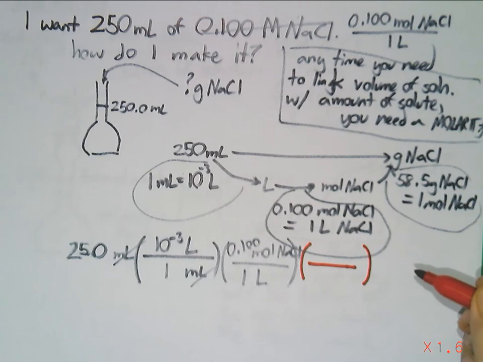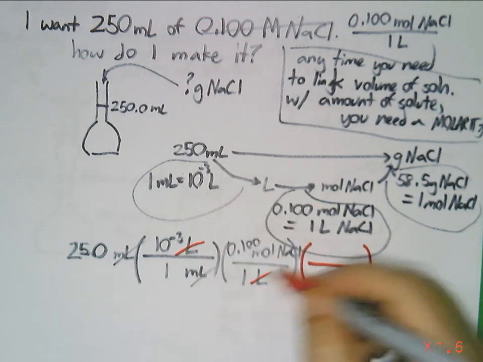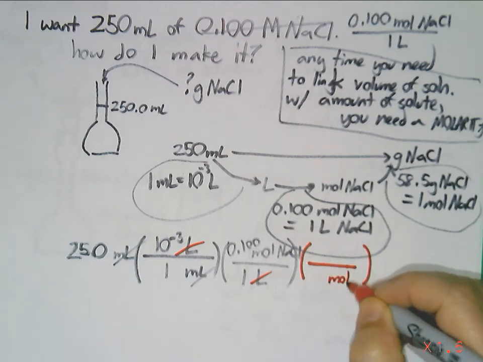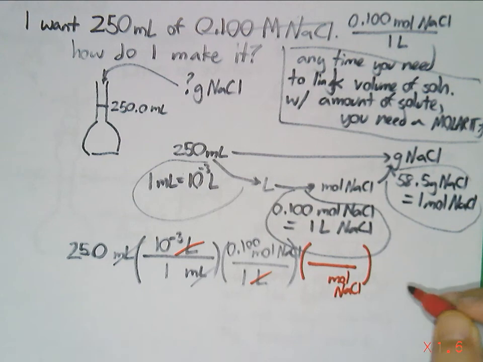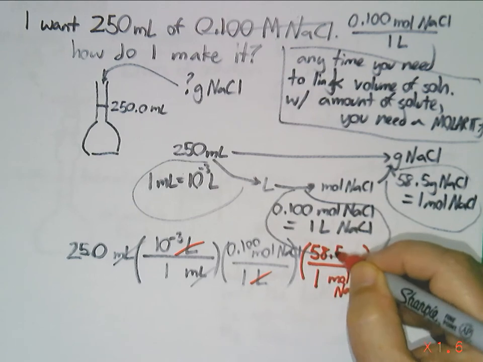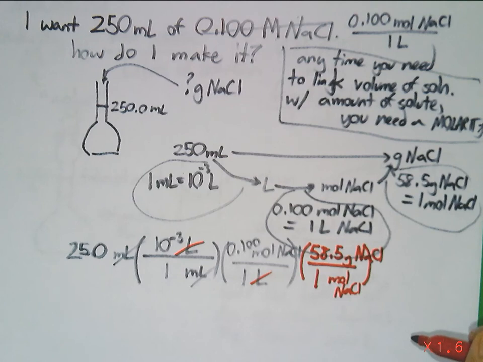Okay, what about our final conversion factor? Well, I crossed out liters. Now I have moles of NaCl. I want to cross that out, so that has to go on the bottom. And here's my last conversion factor. 1 mole of NaCl is 58.5 grams of NaCl. And that'll do it for me.